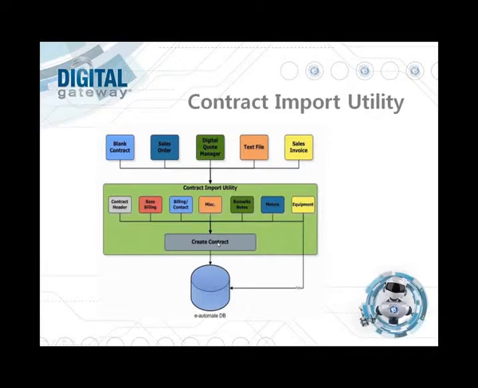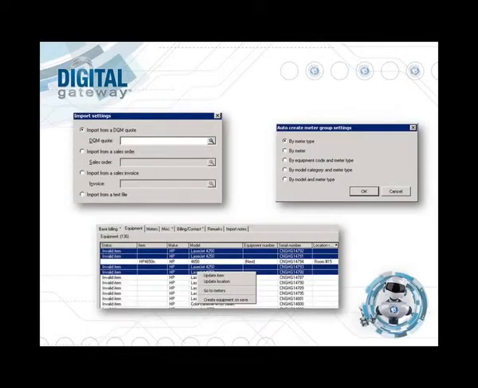Some of the cool features are that you can auto-create equipment records, quickly create meter groups, and auto-create the contract. Then once you've created the contract, it pushes it into eAutomate. It's a great new feature. A lot of our users really like it and have benefited from it. Here are some screenshots of it: the import settings, the meter group settings, and those tabs I talked about to help you create the contract.